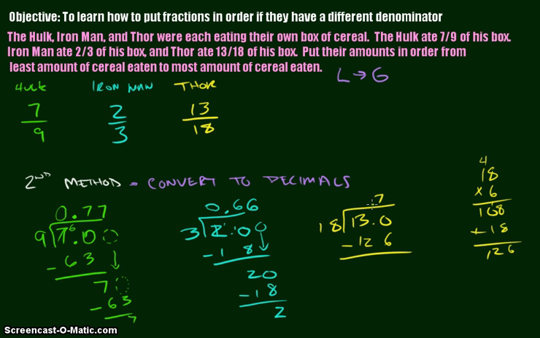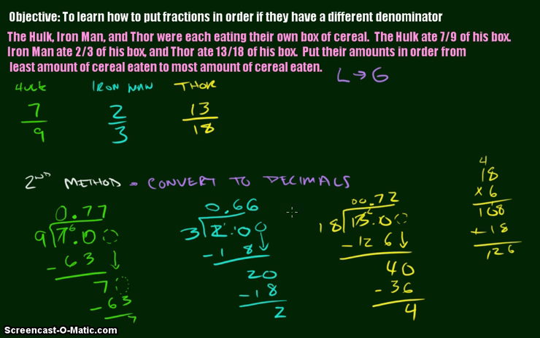I'm going to put my 7 up here. 130 minus 126. Turn that into 2. 10 minus 6 is 4. 2 minus 2. 18 can't go into 4. Add a little phantom 0 and bring it down. 18 will go into 40. I know 20 goes into 40 twice, so I'm sure 18 goes into 40 twice. 18 times 2 is 36. Subtract 36. And I'm left with 4, and it looks like it's going to keep repeating that way.